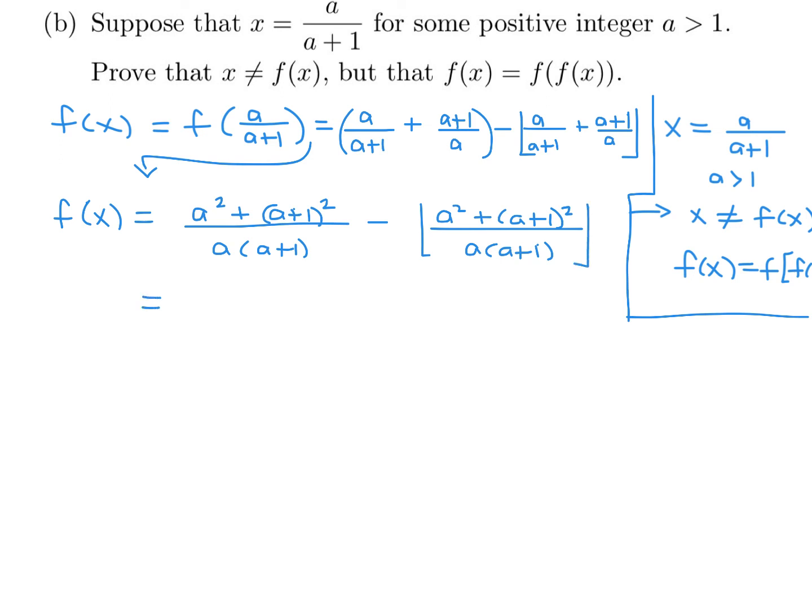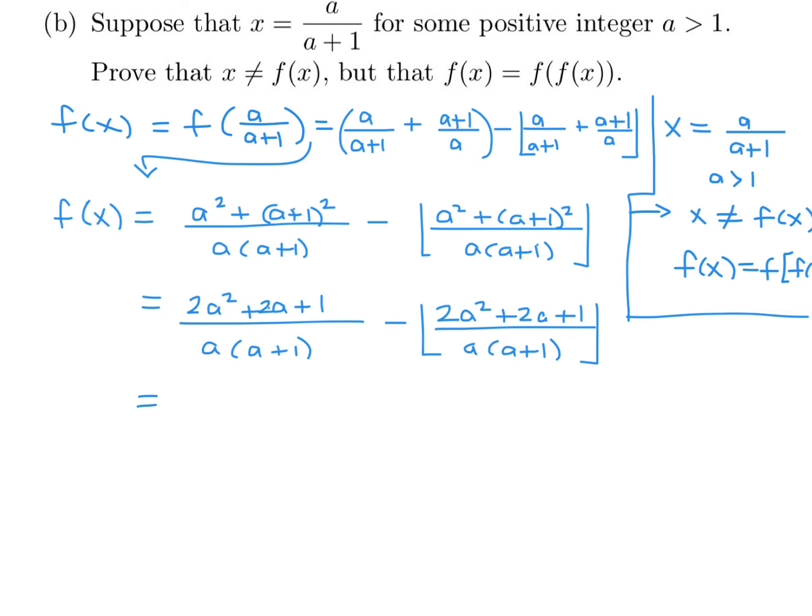Okay, so now this becomes, if you expand and collect like terms, 2a squared plus 2a plus 1. And of course, that is going to be the same. And this is the exact same, 2a squared plus 2a plus 1 all over a times a plus 1.